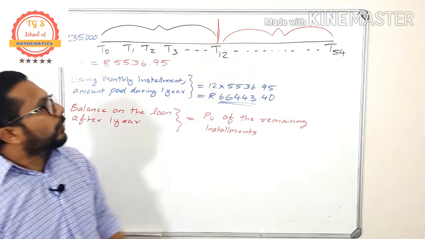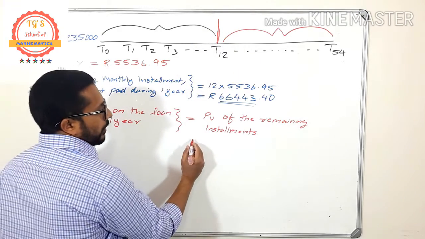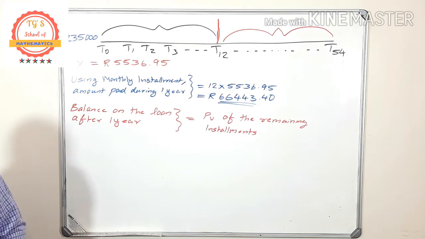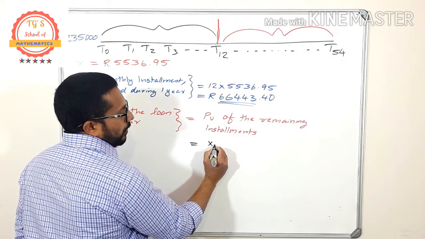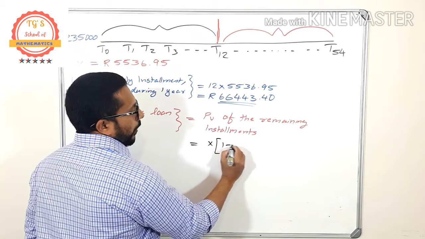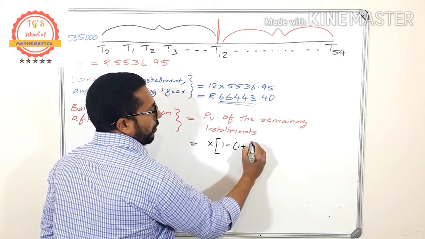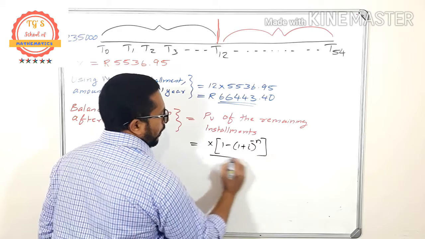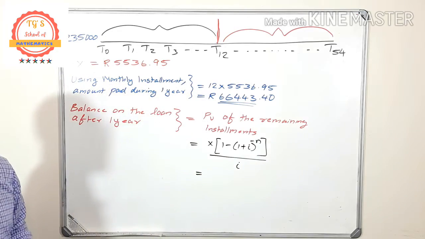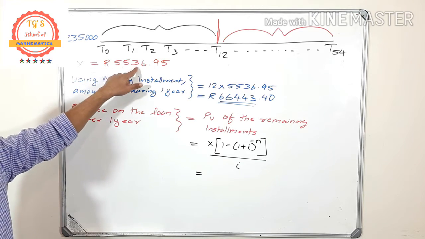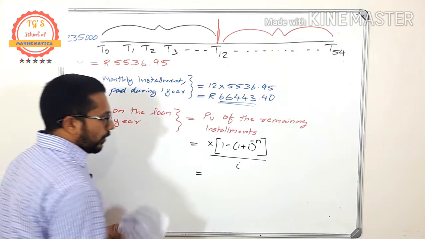Okay, so how can you find the present value now? Present value formula is x into 1 minus (1 plus i), the whole raised to minus n, divided by i. So, you already found what is the monthly installment. It is 5,536. So, we can substitute that one.